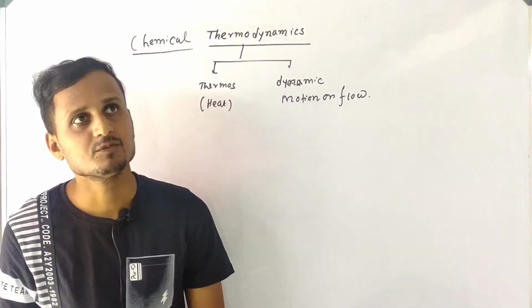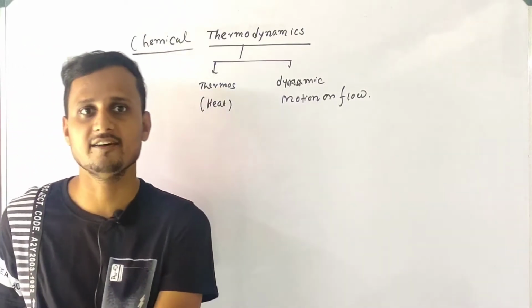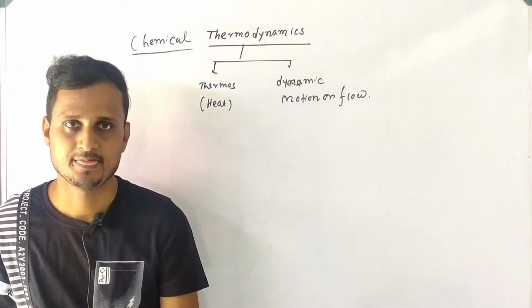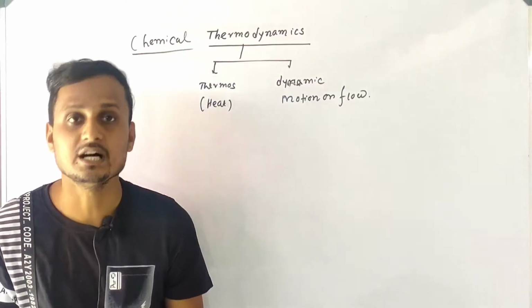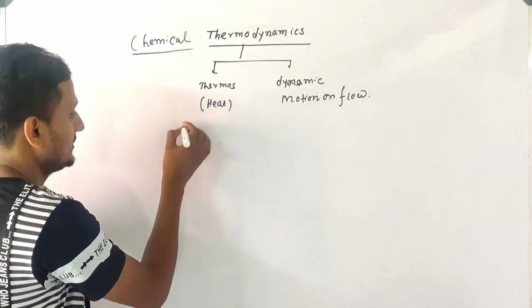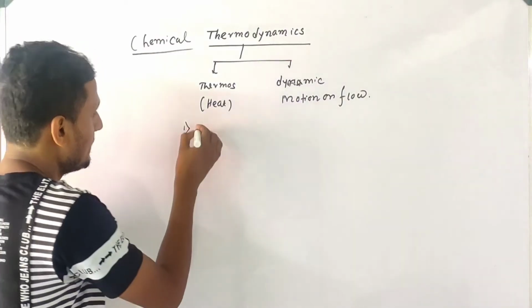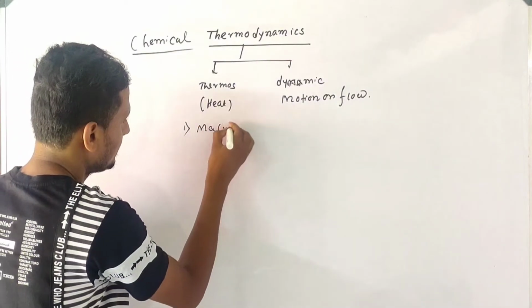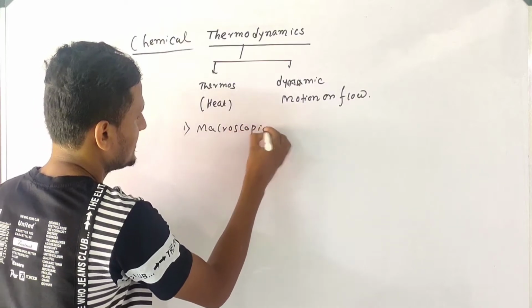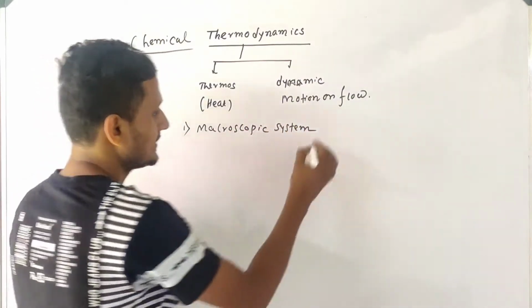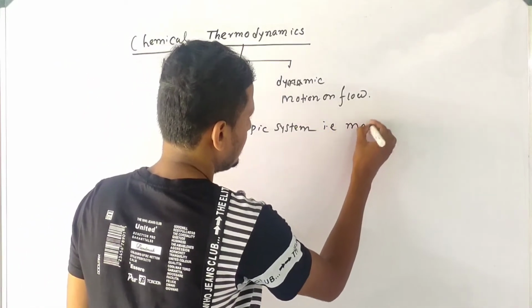Now we know that everything has a limitation, so thermodynamics also has limitations. Chemical thermodynamics is only applicable to the macroscopic system, that is, matter in bulk.